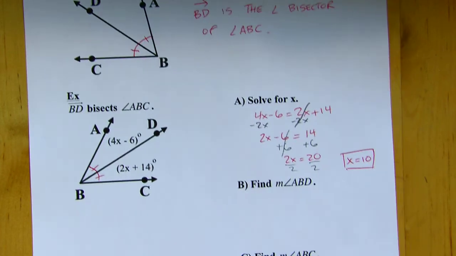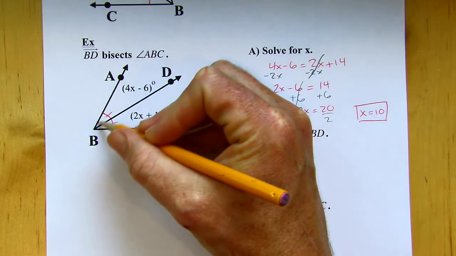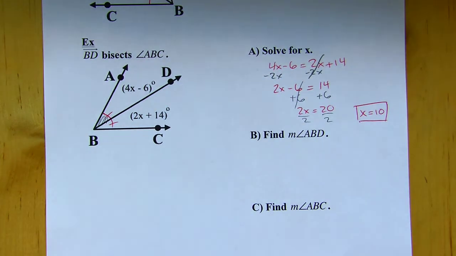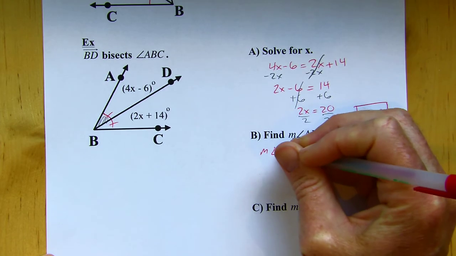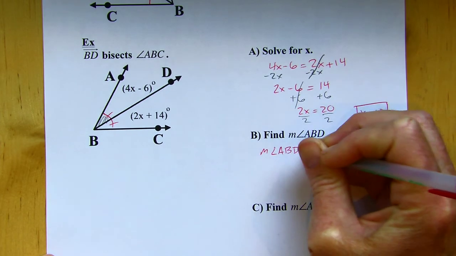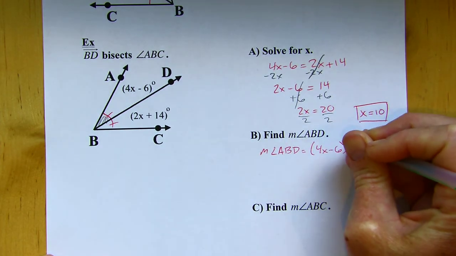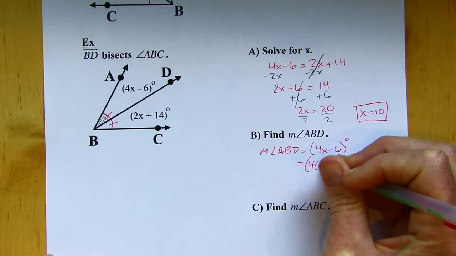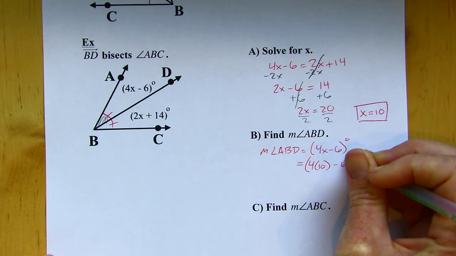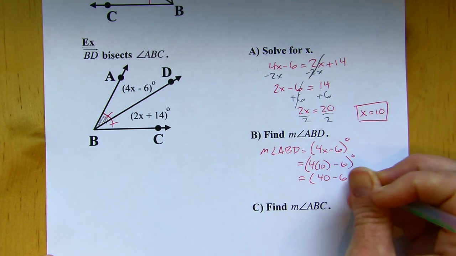Okay, so now we can find the measure of the different angles in this diagram. ABD, that's this angle, right? So that's going to be the 4x minus 6. And now I can plug in the 10 for x. Okay, I'm going to do the multiplication first.